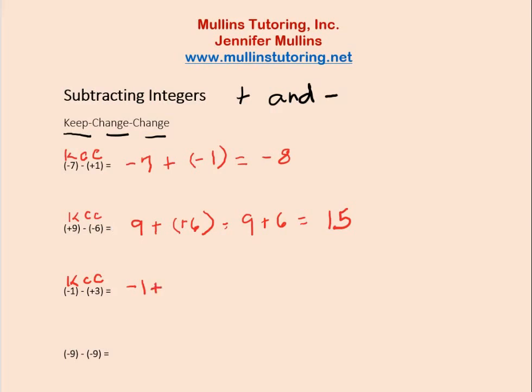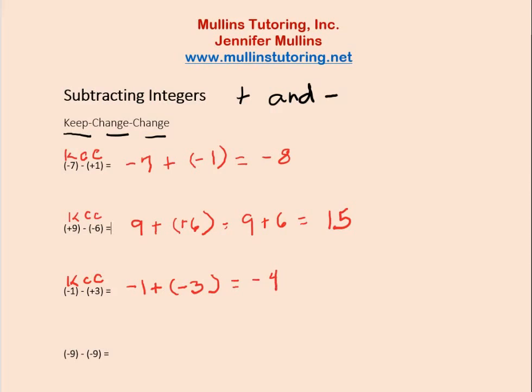And I'm going to change the positive next to 3 to a negative. So now I have -1 plus -3. Since my signs are the same, I'm going to just add the numbers, which would give me 4 and keep the sign. So I'd end up with -4.